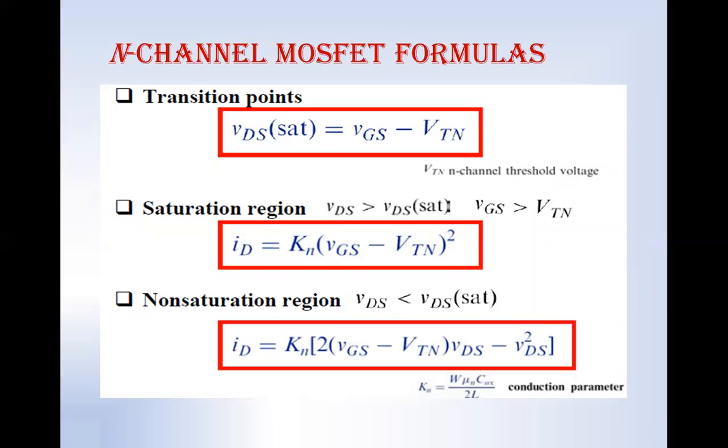In the operation of the NMOS inverter, we are supposed to check the output voltage VDS and the output current flowing when the transistor is in saturation as well as in the non-saturation region.